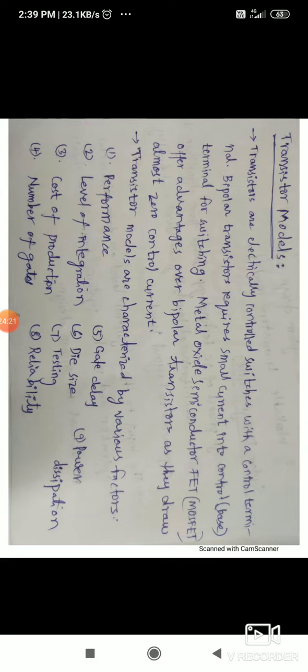Which transistor model is good for IC fabrication is decided based on the application. The factors are performance, level of integration, cost of production, number of gates, gate delay, die size meaning chip size, testing, reliability, and power dissipation. These are the characterizing factors of transistor models.